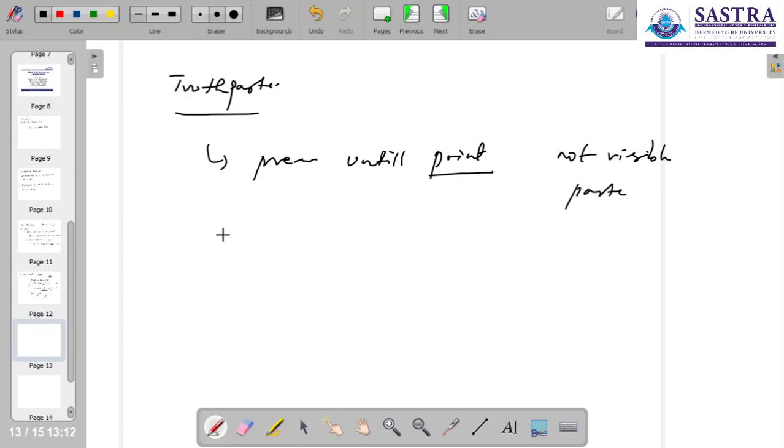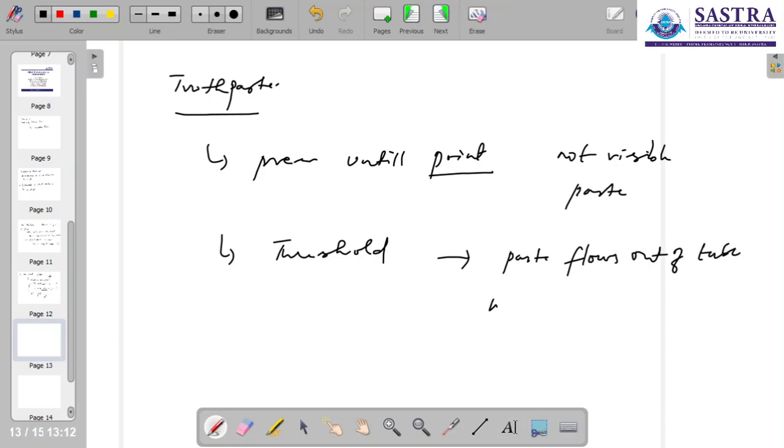But the moment some threshold is reached, the paste flows out of the tube without any more stress or force being applied on it. This is a common observation everybody would have had in our homes.